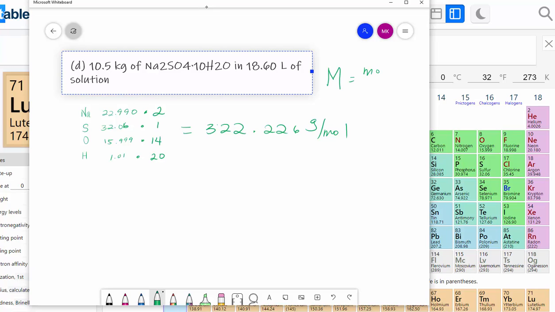Now the point is we are looking for molarity. Molarity is moles of the solute over liters of solution. 99% of the time when you see grams in a general chemistry course, you're going to need to convert it into moles. What we're given is kilograms. Well, 1 kilogram is 1,000 grams.